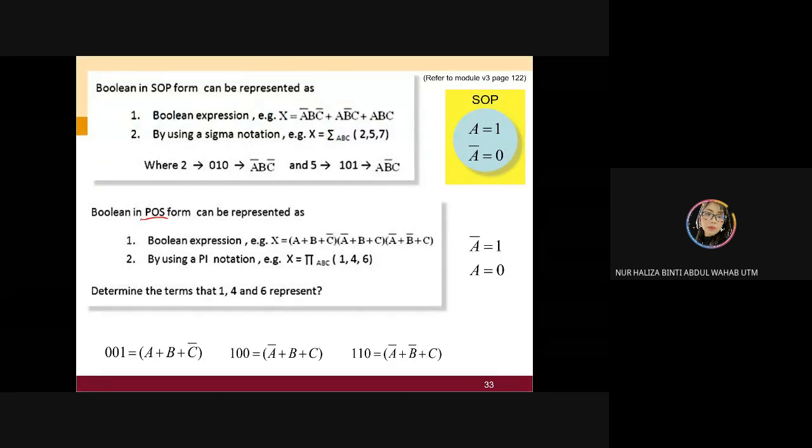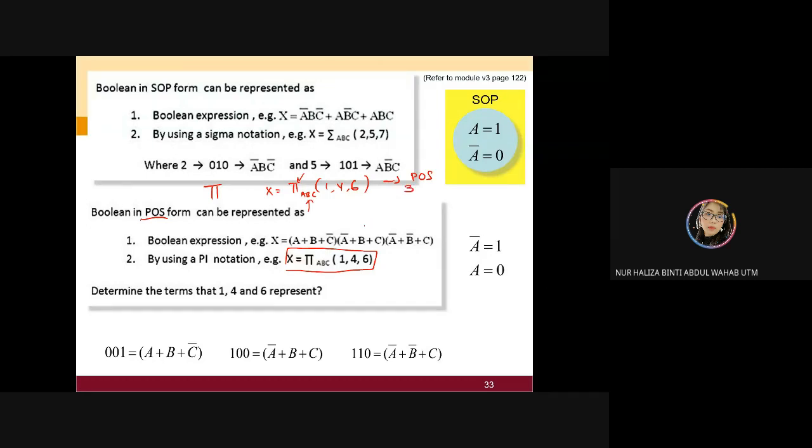POS. What will happen? You're going to use pi notation. If you were given x equal to pi A, B, C, 1, 4, 6. Again, you know this is POS. How many variables?